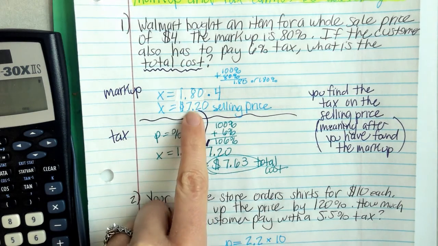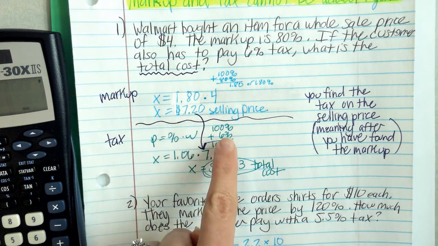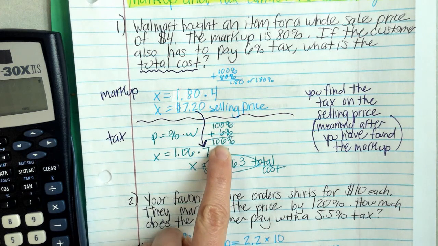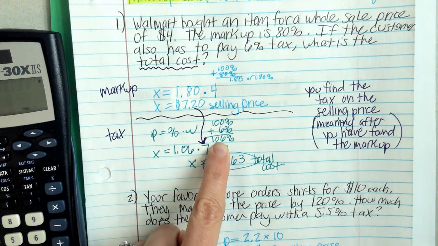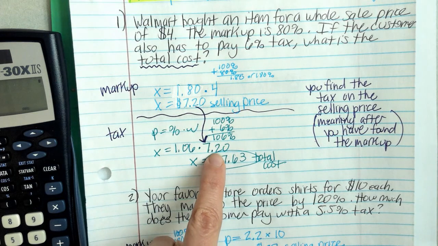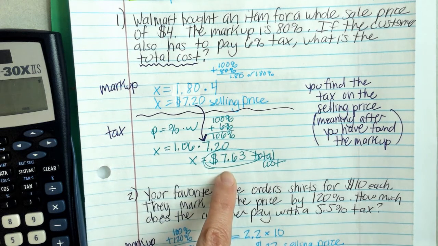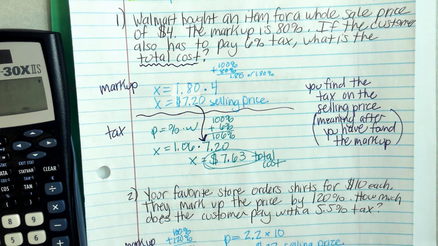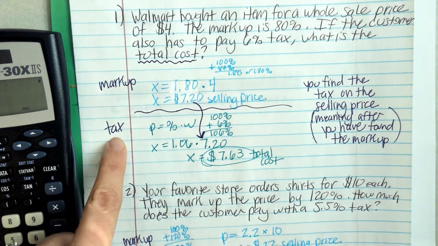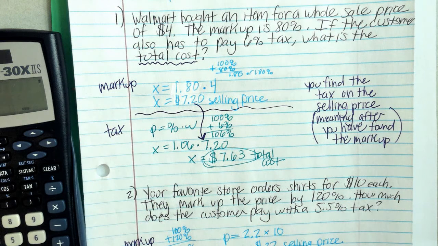So we're going to pay all of this selling price plus a 6% tax. That would be 106%. So 106% of $7.20, the selling price, would be $7.63 total cost. So you have to break it up. You would always do the markup first and the tax second. Usually tax always comes last if we have to break it up.